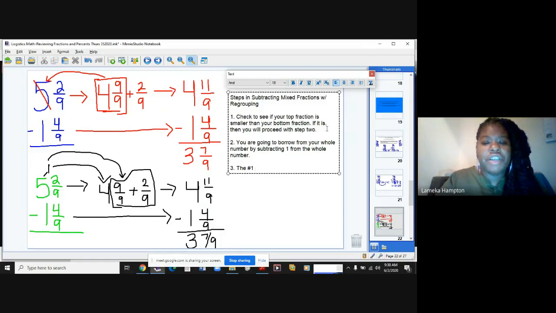The number 1 that you subtracted from step 2, you're going to change that to a fraction.